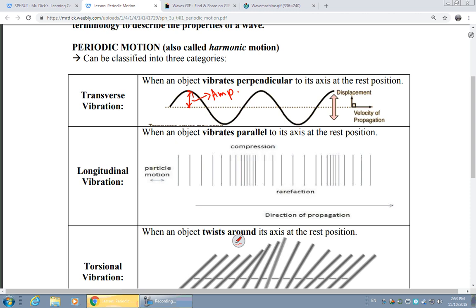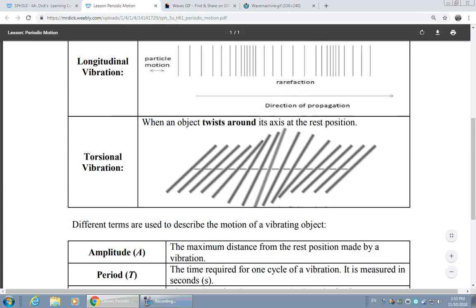So that is your amplitude there, the maximum possible distance that a particle could move from its rest position. So in a transverse wave, it's that line that I've just drawn in. That's the amplitude of a vibration. And we'll also use that term when we talk about amplitudes of a wave.